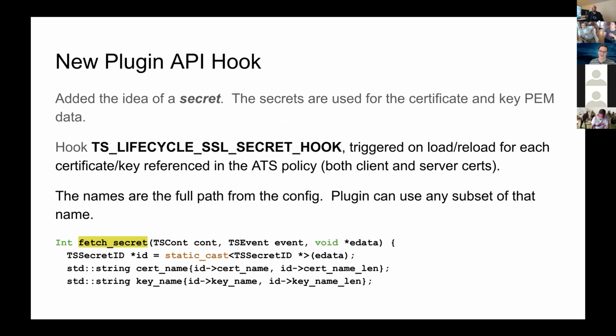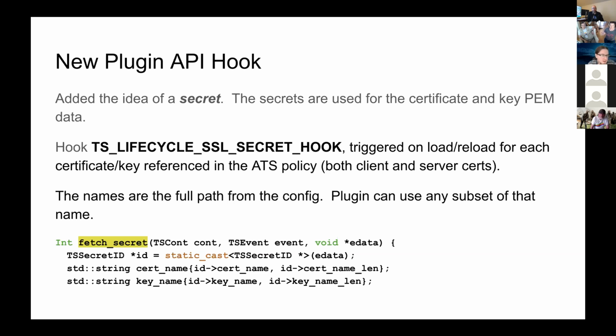We're creating memory bios and using that to read and generate our SSL CTXs. There is a new hook called a TS lifecycle SSL secret hook, and that is triggered on each initial load and reload for every single key and cert referenced in the policy. So both client certs and server certs.